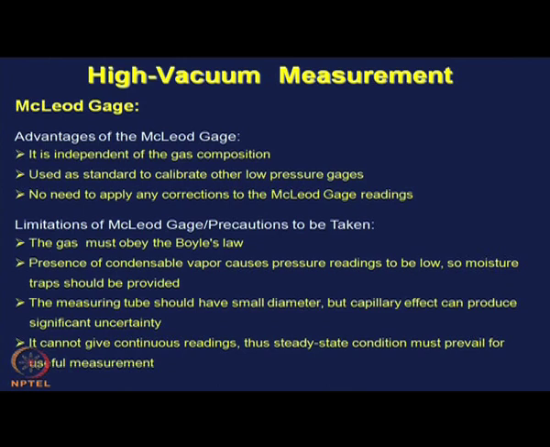Now let us look at some of the advantages and limitations of McLeod gauges. A major advantage of McLeod gauges is that it is independent of the gas composition. It can be used as a standard to calibrate other low pressure gauges in the range over which McLeod gauge can be used, and there is no need to apply any corrections to the McLeod gauge readings.